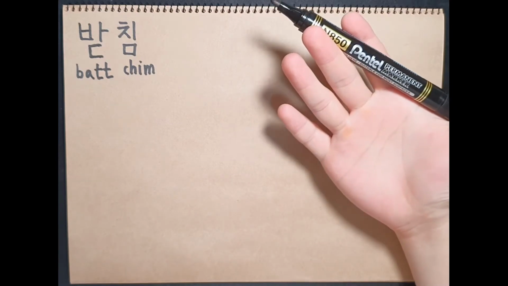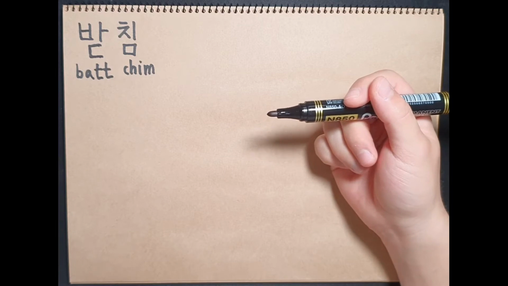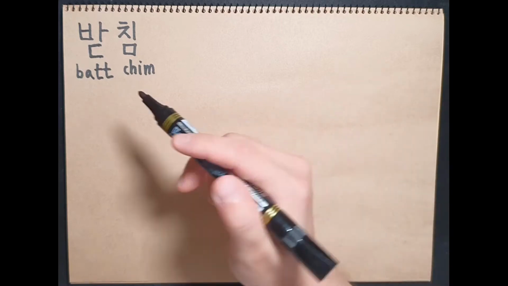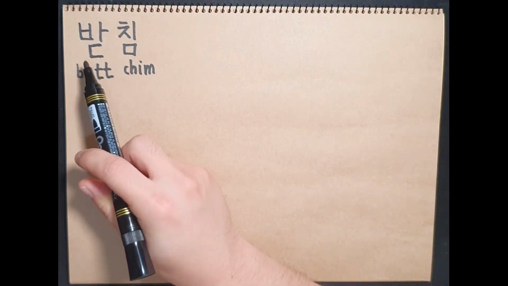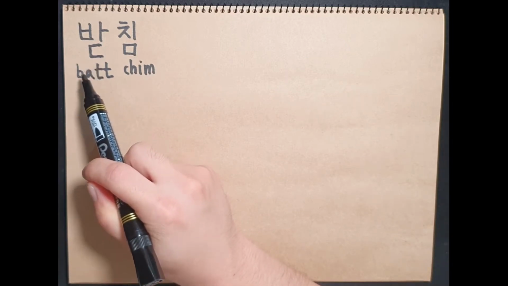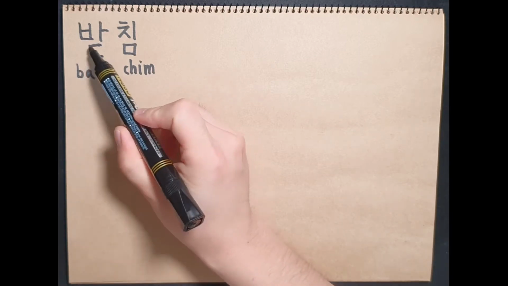What is Batchim? Well, Batchim is a Korean alphabet that is at the bottom of a letter. So in this letter, 밭, the alphabet that is at the bottom of this letter is 디귿.